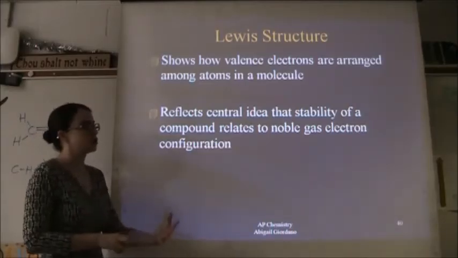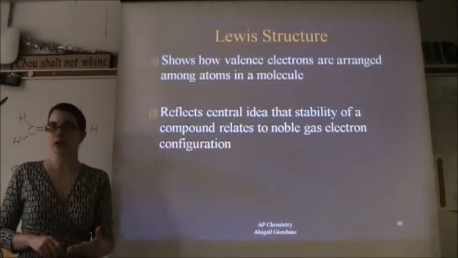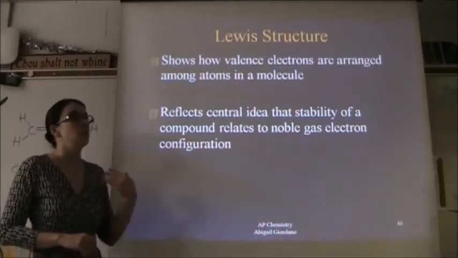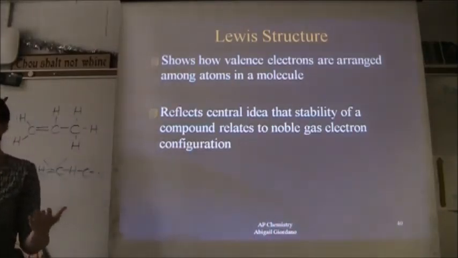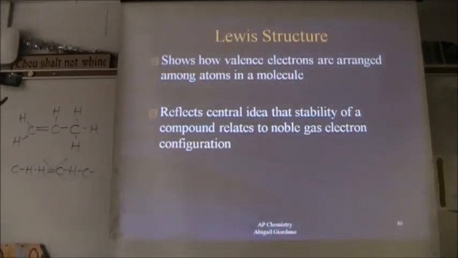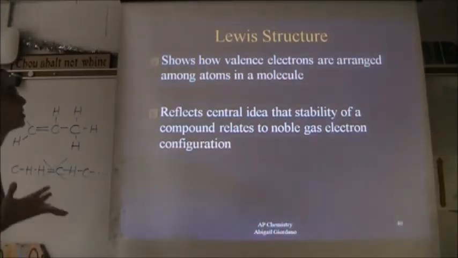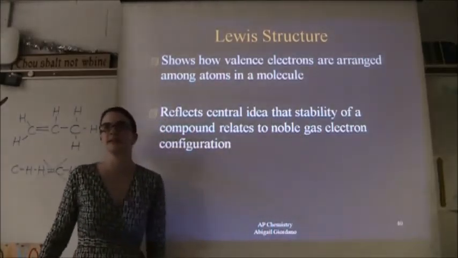We draw Lewis structures based on the assumption that most elements we're going to deal with want 8 electrons around them. What's so special about having 8 electrons? Why do all the elements want that? Why do they want to be like the noble gases?